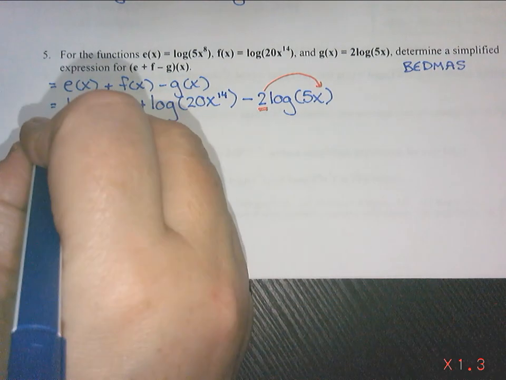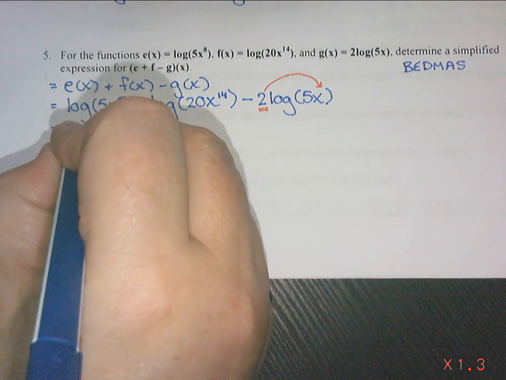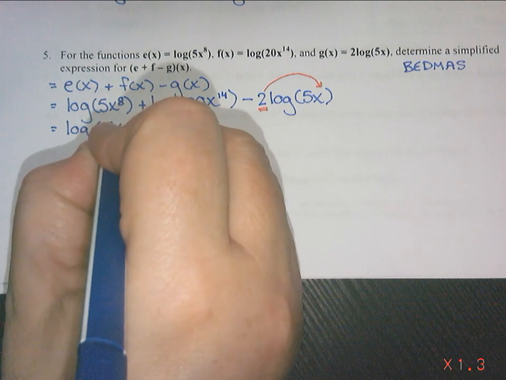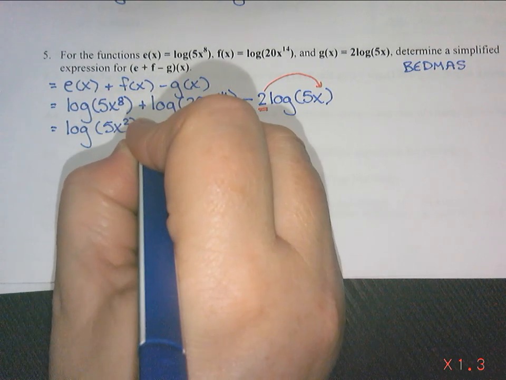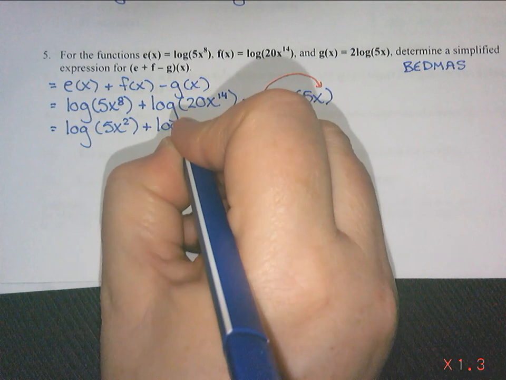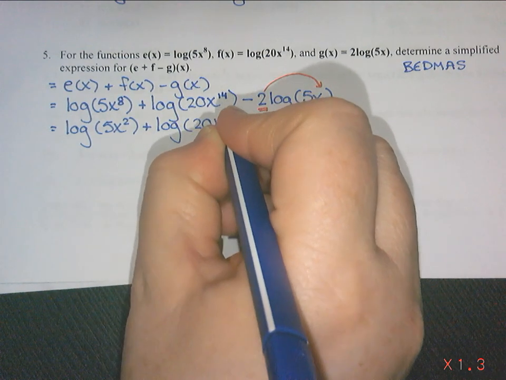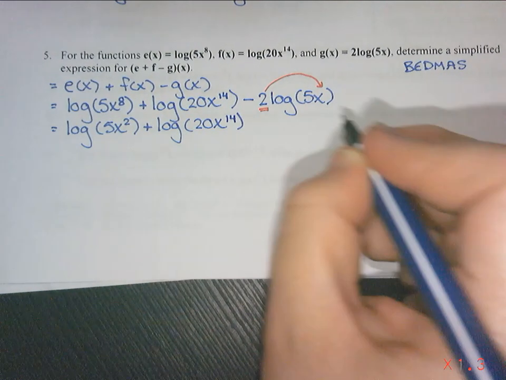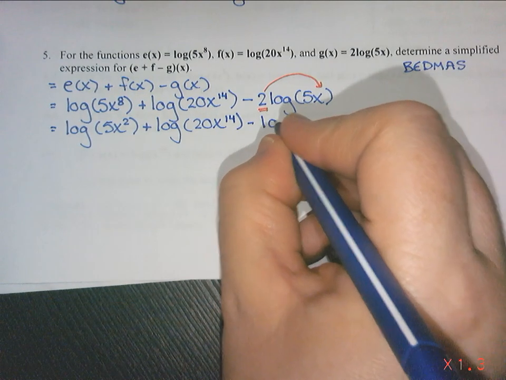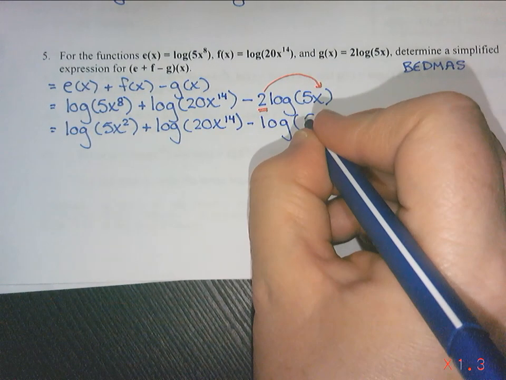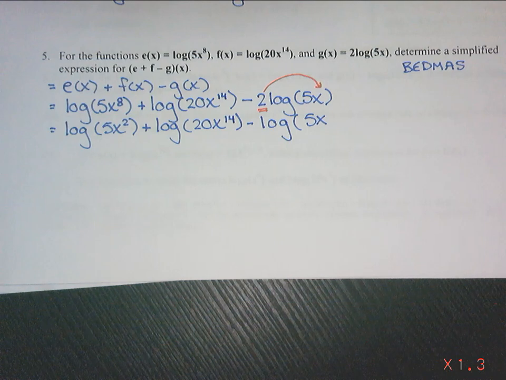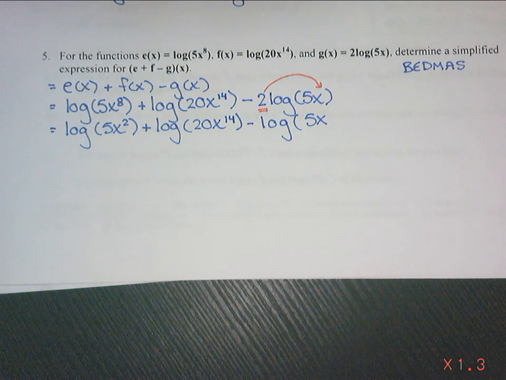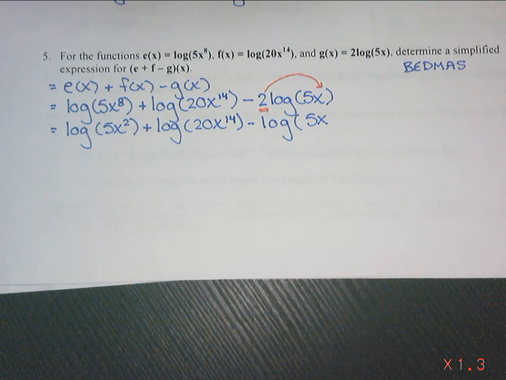So we're going to have log of 5x squared plus log of 20x to the 14, and then minus log of 5x, and then I need to square that.